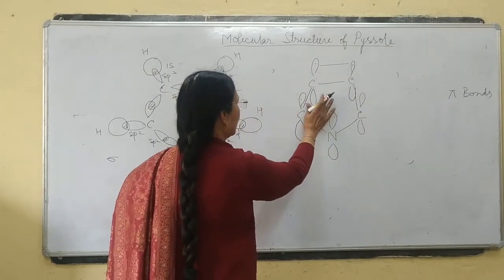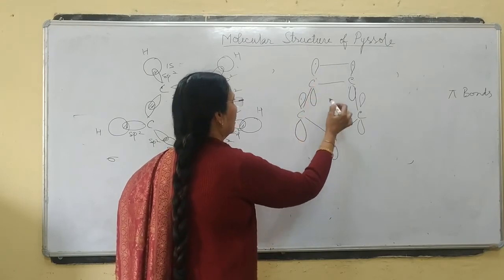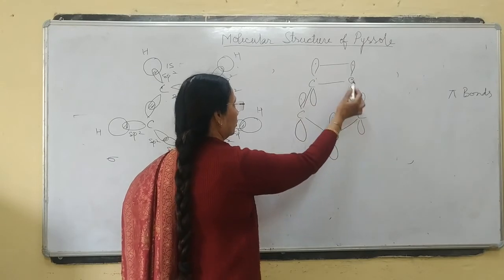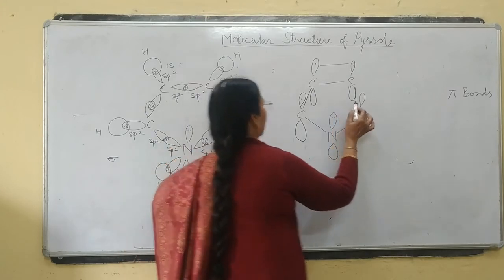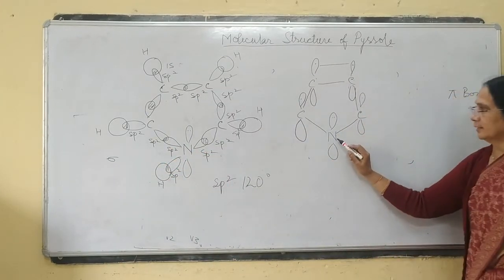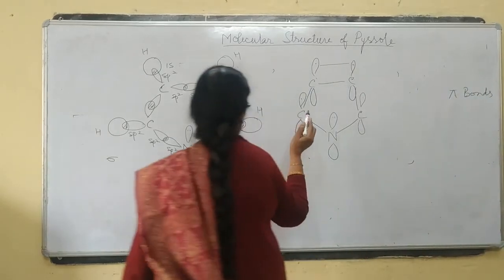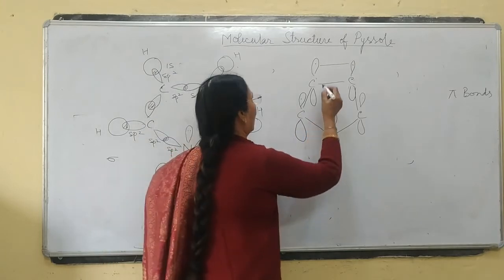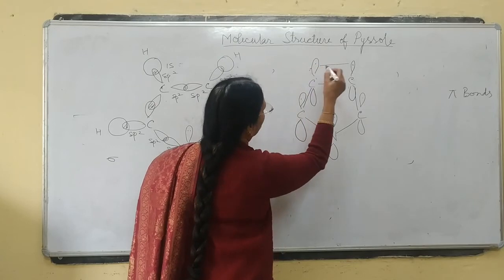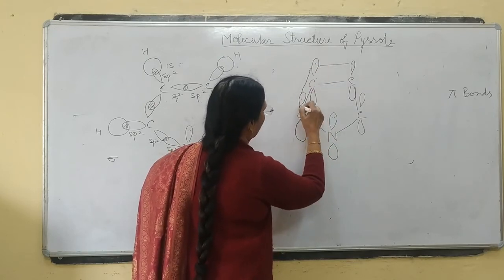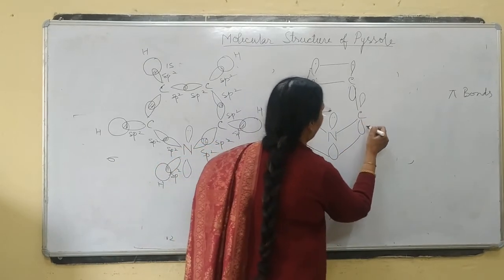As it exists in one symmetry, these pz orbitals having 1 electron each on the carbon atoms, so 4 total electrons, and 2 electrons from the pz orbital of nitrogen, so 6 electrons exist, and they form by overlapping.